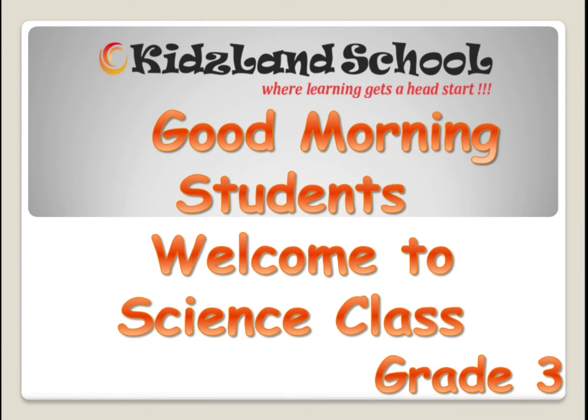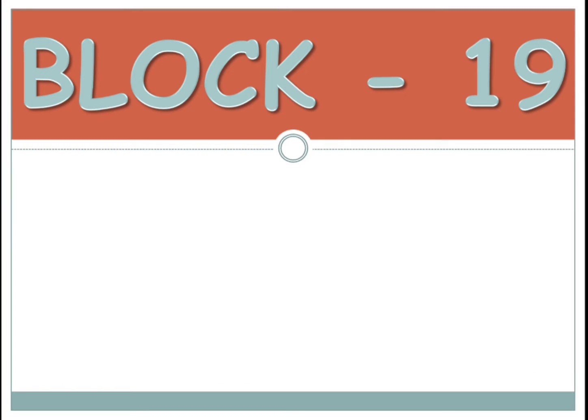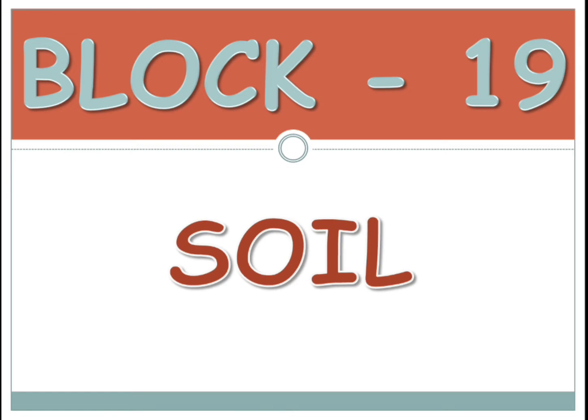So, in science, we have completed block 18, isn't it, children? So, let's start with our new block, which is block 19, and the name of our block is soil. Soil is an important natural resource. Why is it important? We will learn.